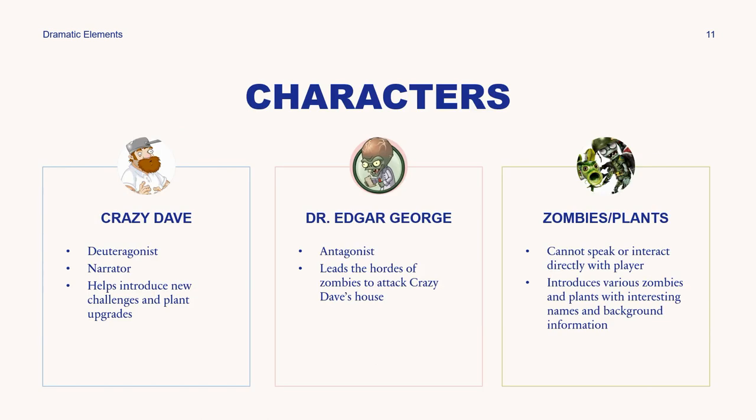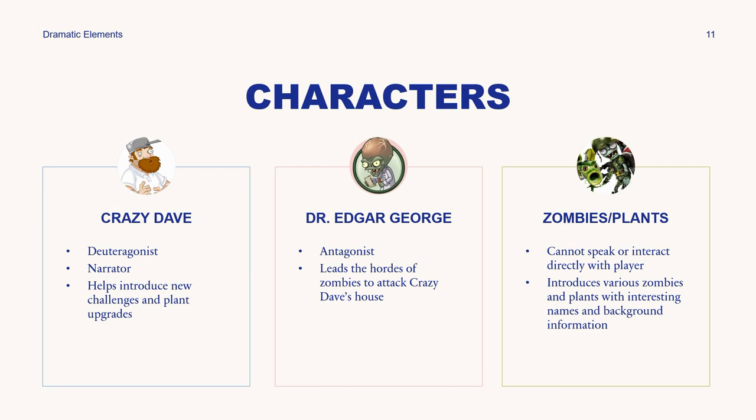And next we're going to cover characters, and I'm going to just briefly cover this because there's a lot of characters, but these are the main characters in the game. So we have Crazy Dave, and Crazy Dave is the second most important player in this game, but he is still important. He is the narrator.